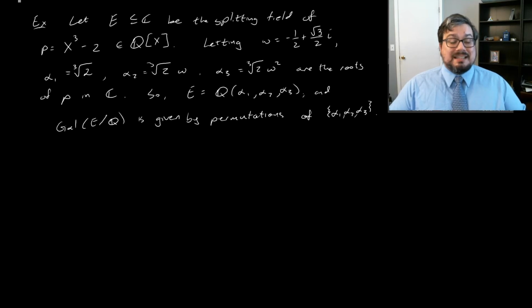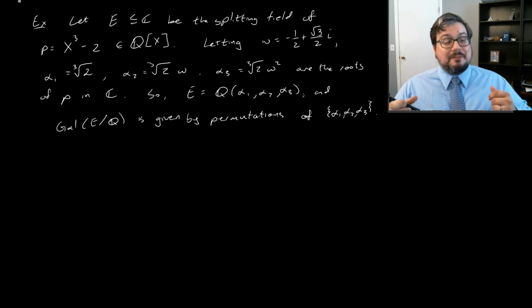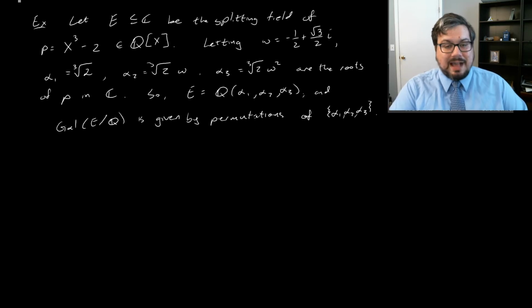Theorem 177 says that if you have two roots of an irreducible polynomial, such as p, then there always exists some element of the Galois group that permutes those. So there has to be something that takes alpha 1 to alpha 2. There has to be something that takes alpha 2 to alpha 1.